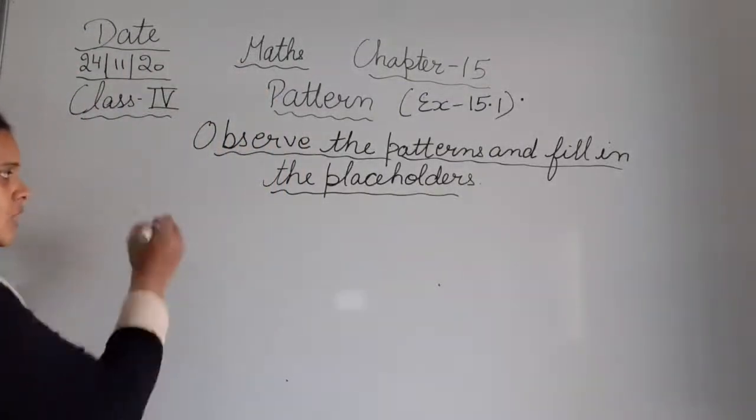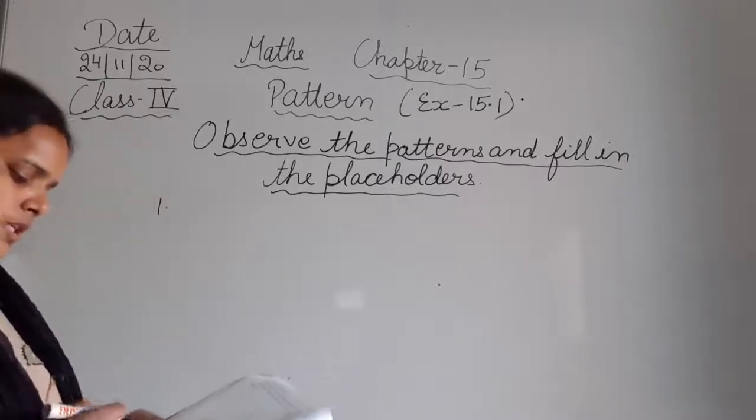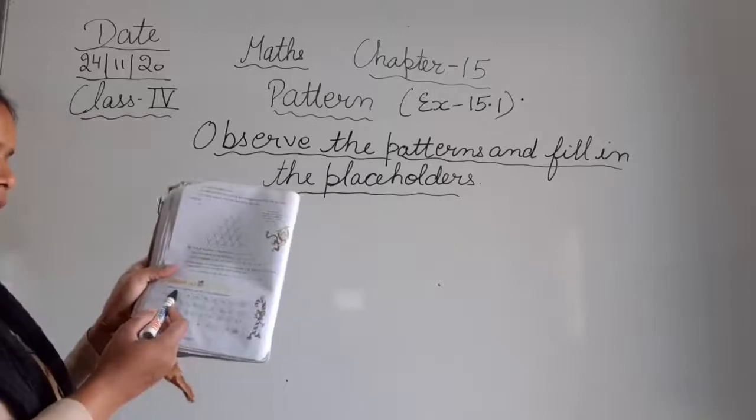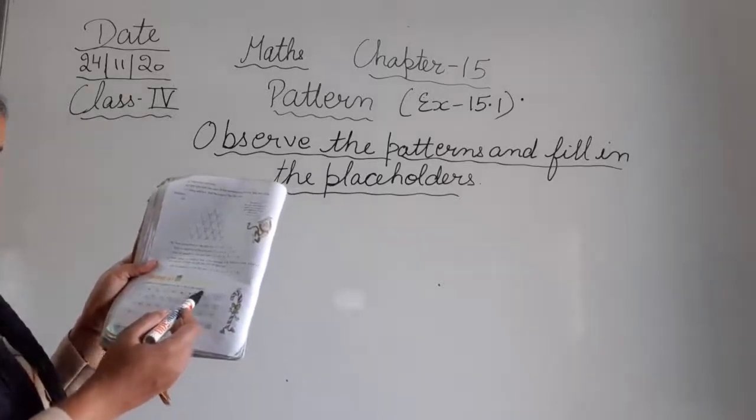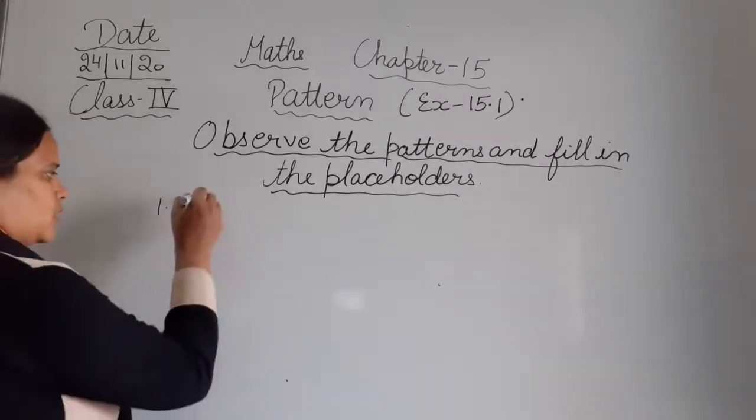Okay, so the first one is, so here we can see how many boxes are there. 1 2 3 4 5 6 7 8 9. So 9 boxes are here.